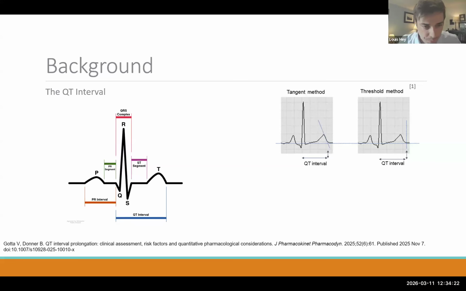So background, what is the QTC? Most people probably remember that you take the interval from when the Q wave starts to the end of the T wave. That's your QT interval. As I was researching this topic, I was not aware that it is still recommended to manually calculate the QTC, unfortunately. The automated reads are an average of every single lead.